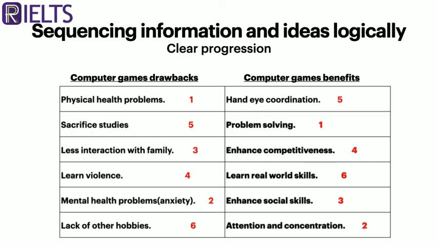I thought of writing them together because they are related to learning something, right? Then I had two other points, which are hand-eye coordination and learn real-world skills. These points were related to the outer world, right? So I thought of writing them together. There should be a logic in your sequencing, right? You should always write alike points together.